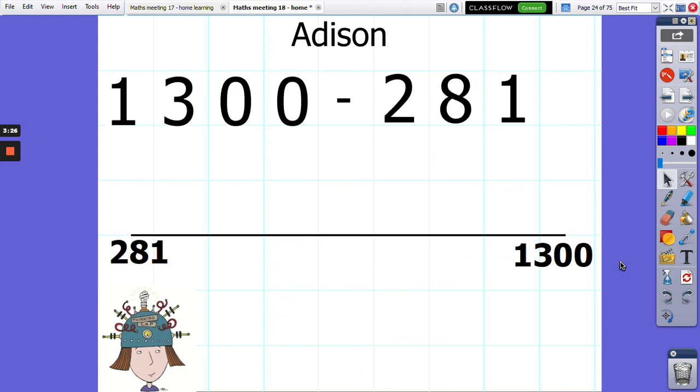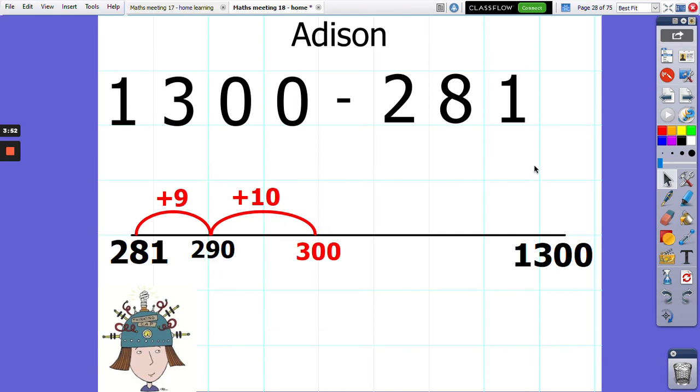Hopefully you went straight to the number line because we've got lots of zeros in that first number. We've got our whole, we've got one of our parts here. We're going to work out the other part to get to 1,300. So 281 plus 9 to get us to our next nice round multiple of 10, 290. Next a nice round multiple of 100, we've got 90. Add 10 to get us to 300.